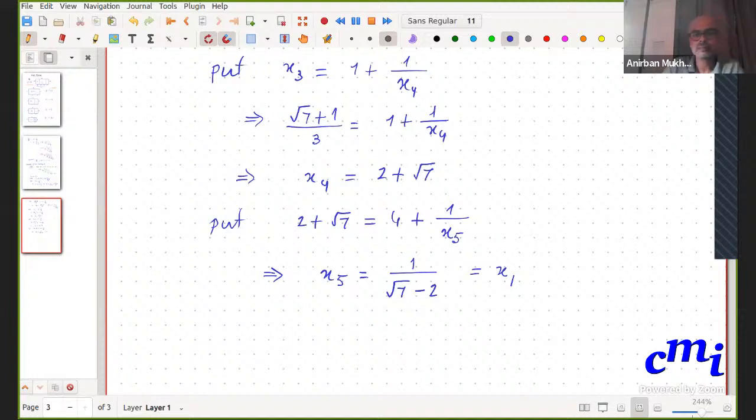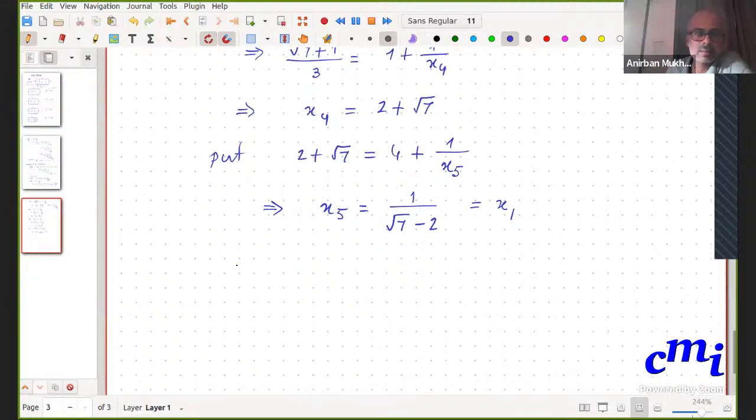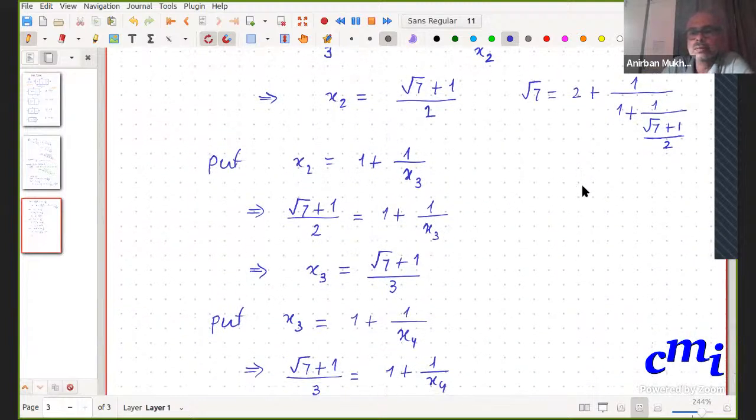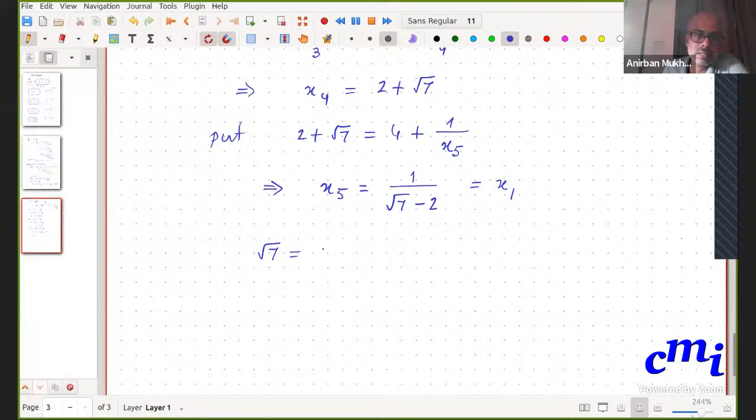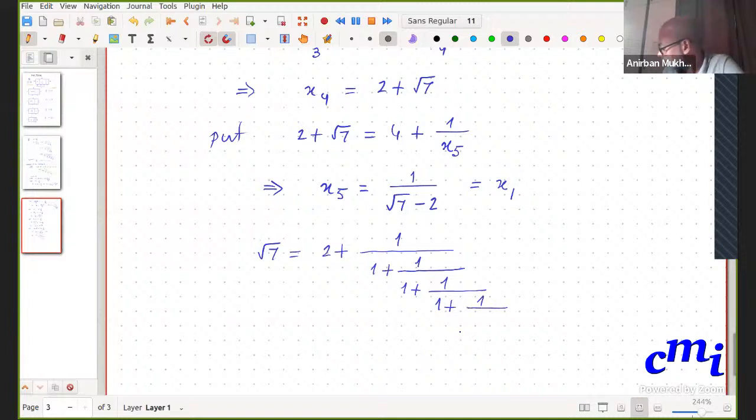So what we have got by doing this is that square root of 7 is 2 plus 1 by 1 plus 1 by 1 plus 1 by 1 plus 1 by 4.